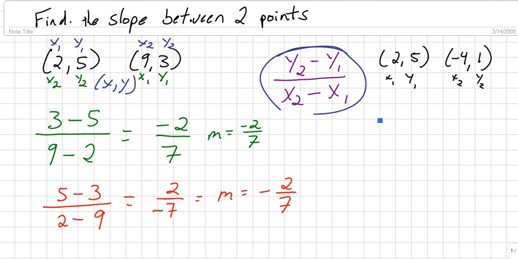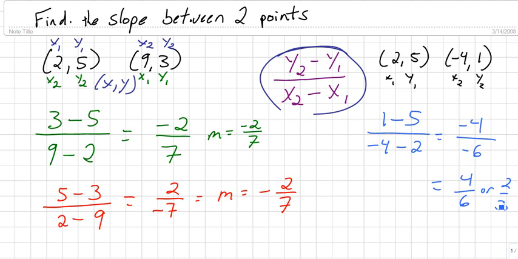So my y2 is 1 minus 5, over -4 minus 2. And that comes out to be -4 over -6. So together, a negative over a negative ends up being a positive 4/6, or 2/3. So that would be my answer in that case.